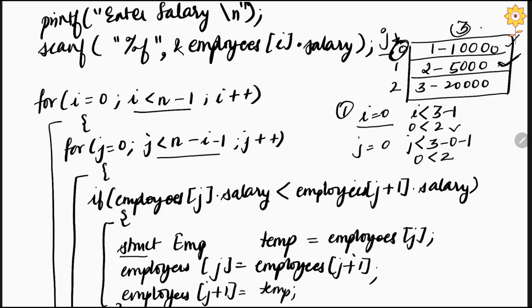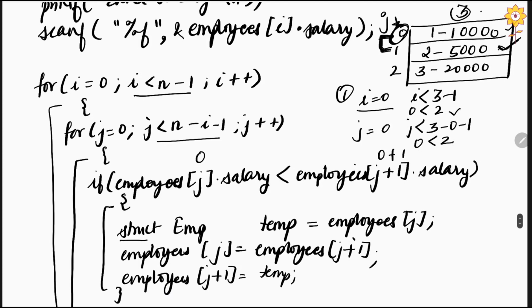How am I saying second person? Because j is 0, so obviously j plus 1 is 1. So, we are comparing these two people's salary. Is it less, in the example that we are taking? No, it is not. So, it will not swap the values, because this condition is not true.